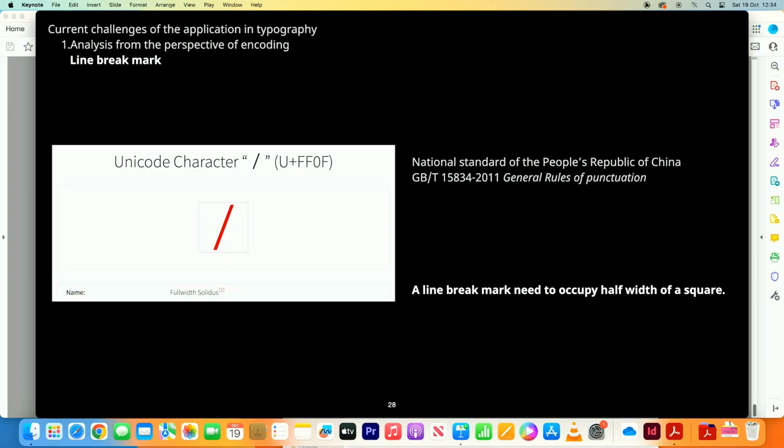And then this one is also a bit of a chaotic one. For our Hanzi characters, we write inside the square, and when we describe the width of it, we just say full width or half width. For this line break mark in the GBK encoding standard, we only have the full width one.